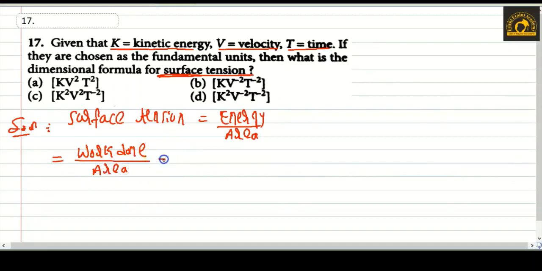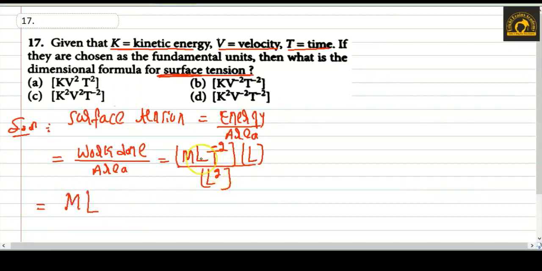The work done dimensional formula is force into displacement, mass into acceleration, into displacement L, divided by area, which is L square. Then the surface tension dimensional formula is M L to the power of 2 minus 2, these cancel each other, so L to the power of 0, then T to the power of minus 2. That is the dimensional formula for surface tension.